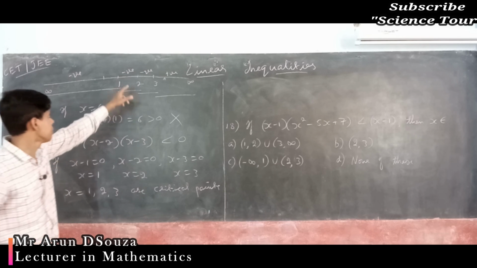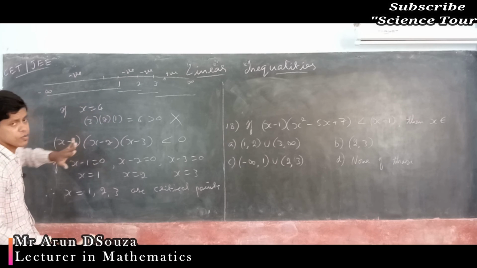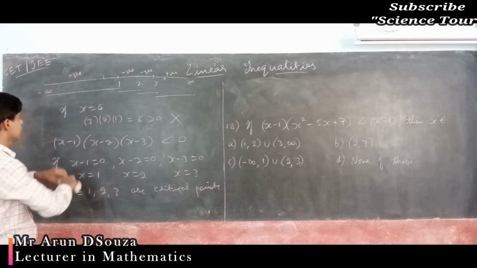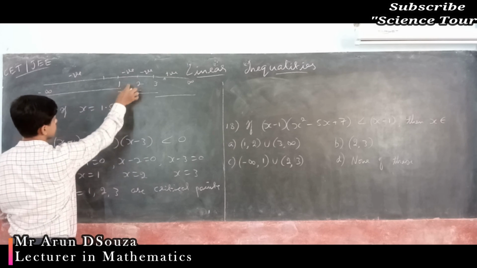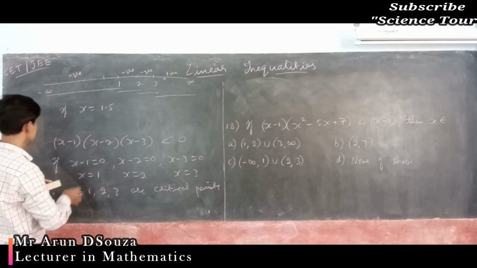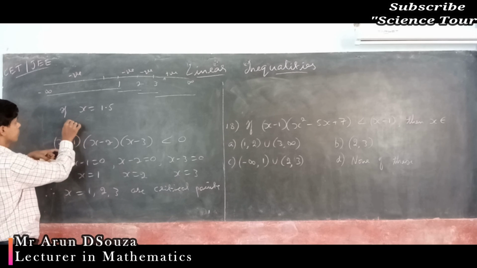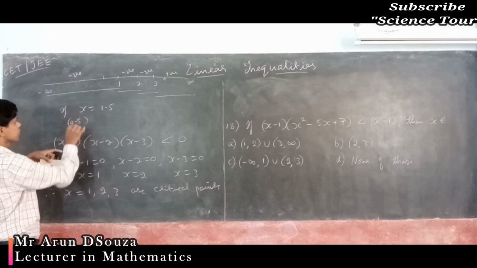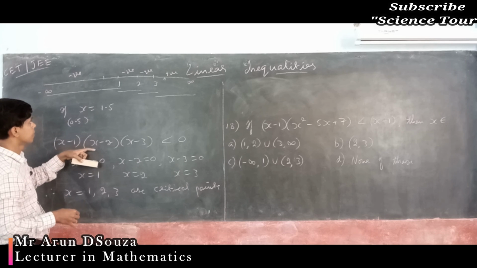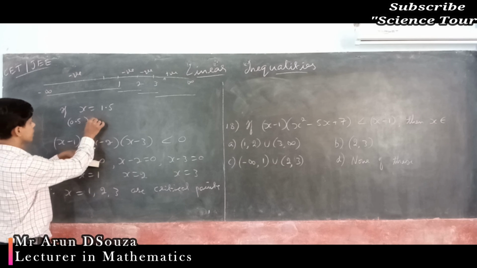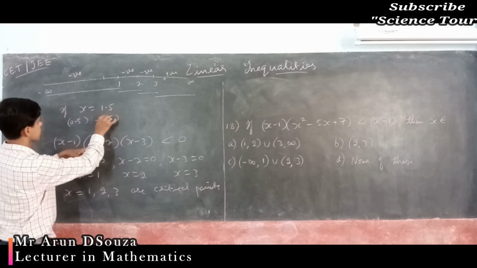Alright. So what about 1 to 2? I have a doubt here. So 1.5 I will put, and I am just checking this. 1.5 minus 1 is 0.5, positive. And if you put 1.5 here, that will be negative 0.5.